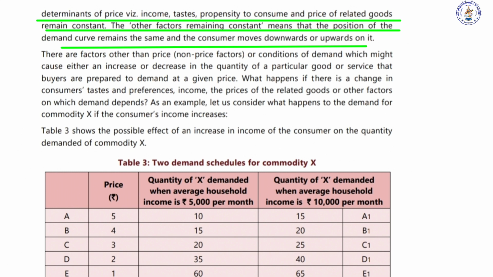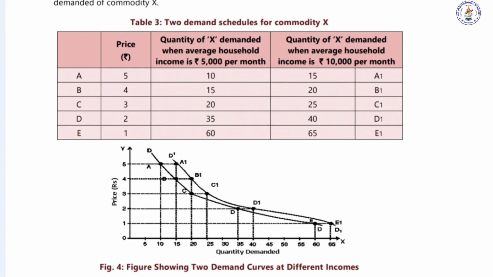Of course, it does. Now we shall first take into consideration the income of the person, that is the consumer. When the income of the consumer is taken as a factor, we leave the price as a factor now. When the income increases, what happens to the quantity of the product demanded by the consumer?